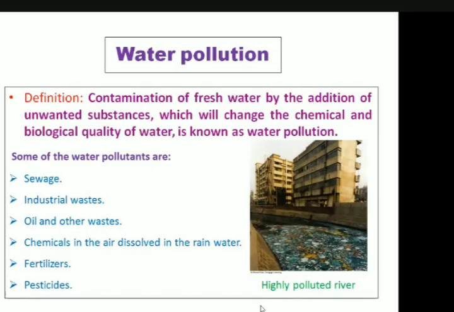You can have different harmful substances present in the water that affect its quality, and this will lead to different health problems in human beings. Sometimes toxic substances can lead to serious health issues also. So you need to see to it that water does not get polluted.